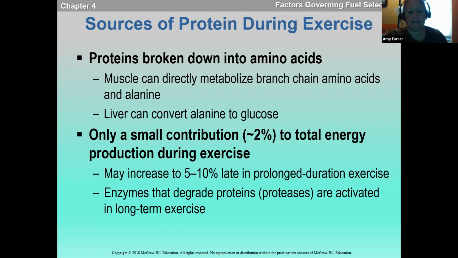We might see enzymes, proteinases, that are activated in long-term exercise that start to allow protein to be a source. The protein's broken down into amino acids, so the muscle can directly metabolize them. The liver can work on converting to glucose. But again, during exercise, protein is not going to be our choice.